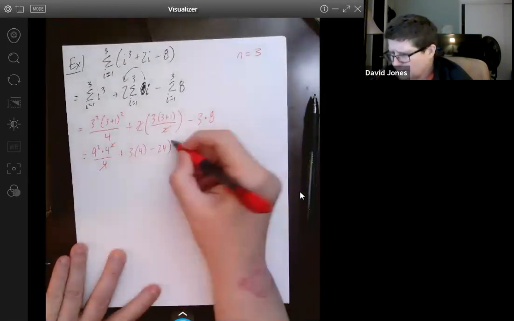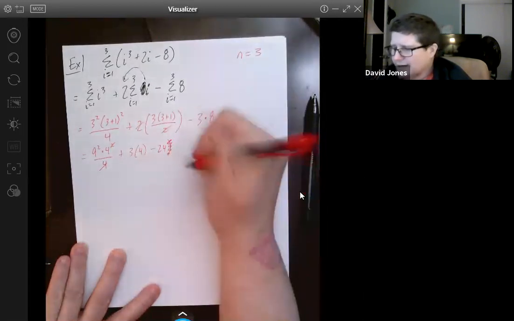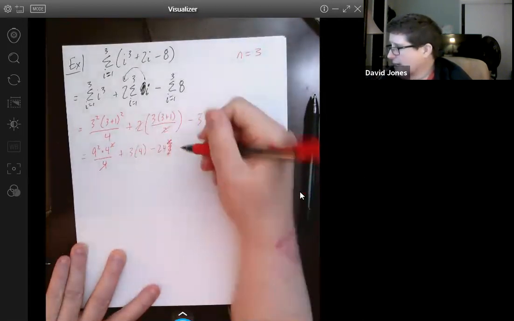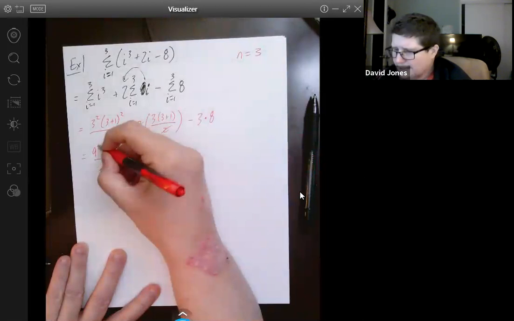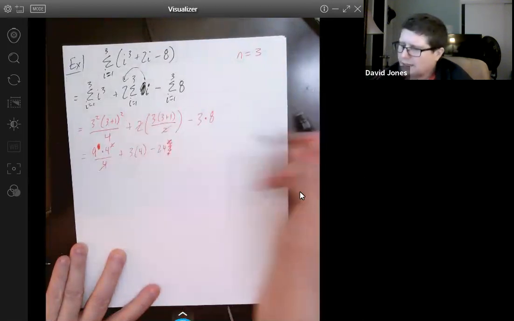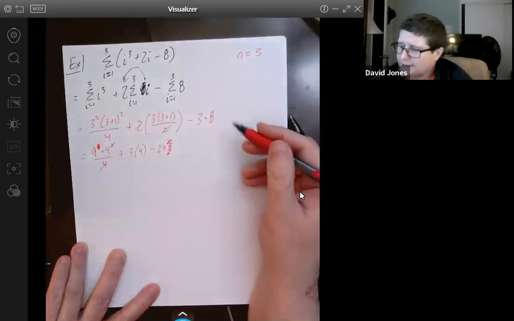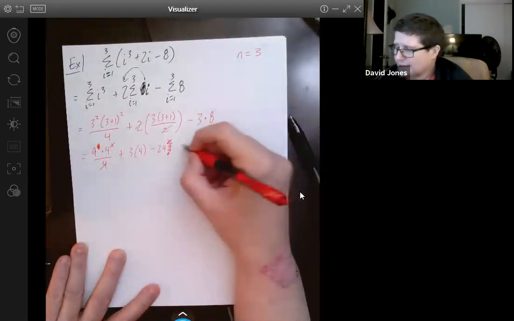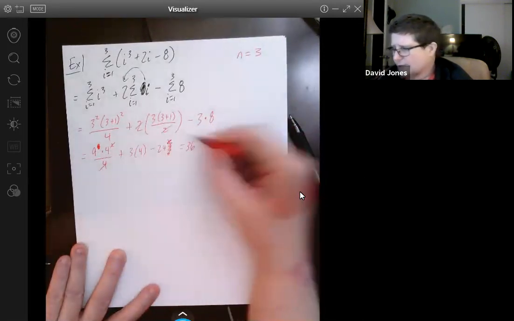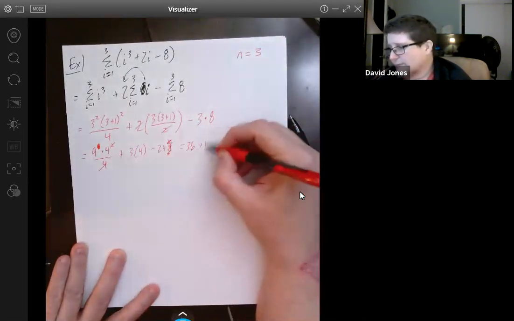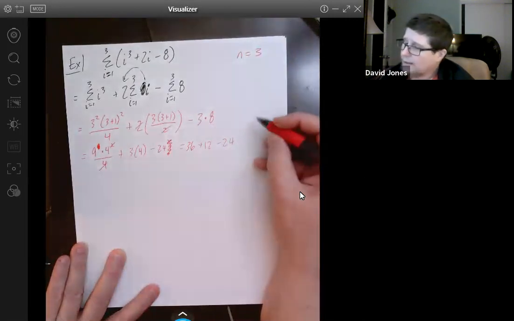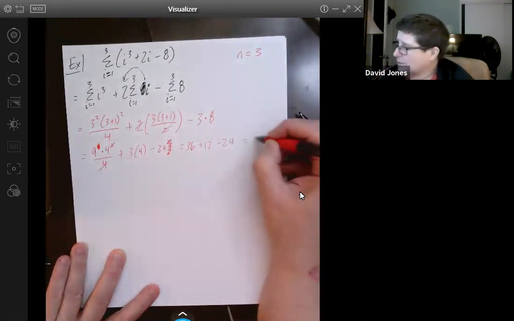So I've got, oops, I don't need that parentheses right there. Not 9 squared, just 9. 3 squared is 9. So 9 times 4 is 36. Plus 3 times 4 is 12. Minus 24 is 24.